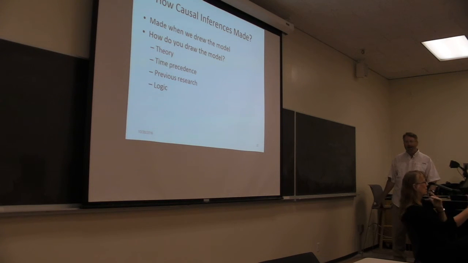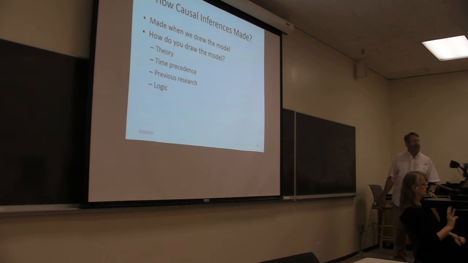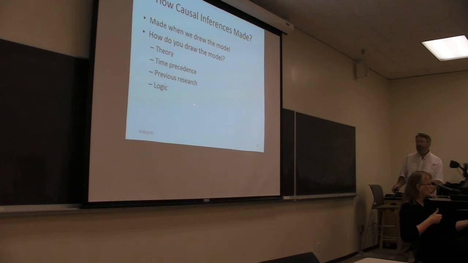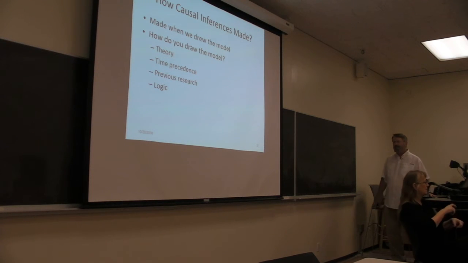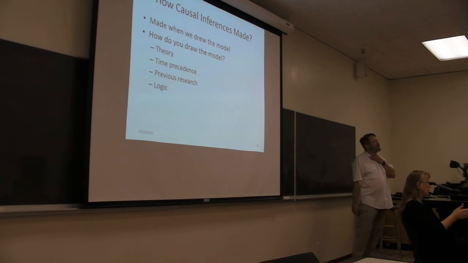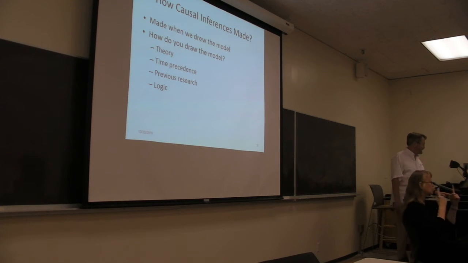So cognitive ability at, say, age 12 is going to be very similar to cognitive ability at age 6. So we can think, okay, so that probably precedes the other variables in time. And previous research and just plain logic thinking, okay, would it be more likely that motivation would influence achievement, or would it be more likely that achievement would influence motivation?